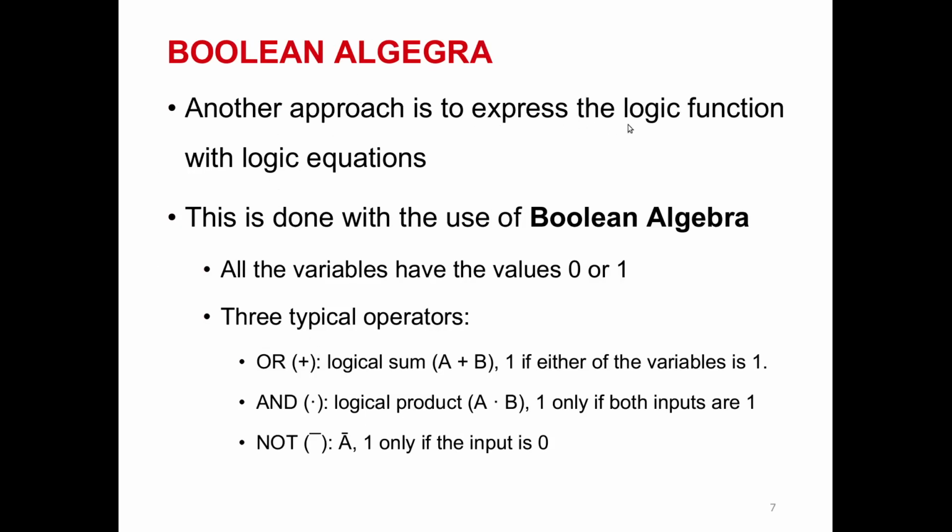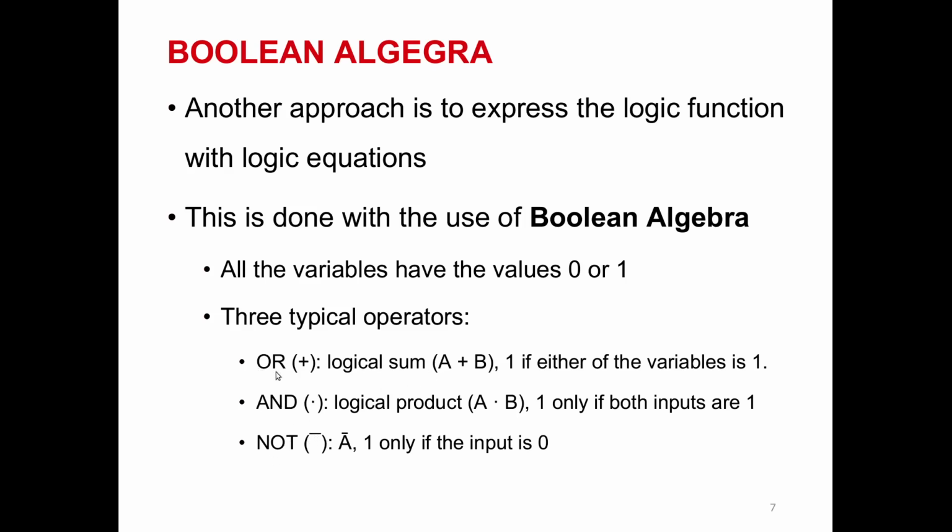Another way to express the logic function is using a logic equation or Boolean algebra. So here for Boolean algebra, you can use OR, AND, and NOT with these signs: plus for OR, point for AND, bar for NOT.